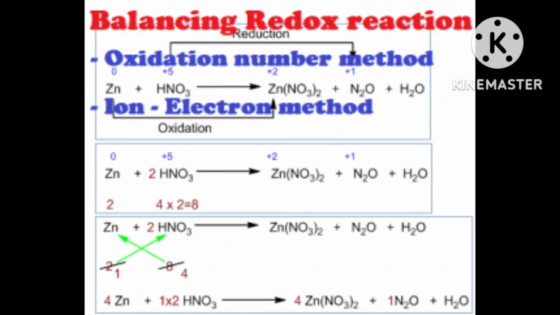Again, counting SO4, 4 oxygen atoms, 4 into 2, 8 into 3, 24 plus 6, 30. Then 30 is there on the right side.